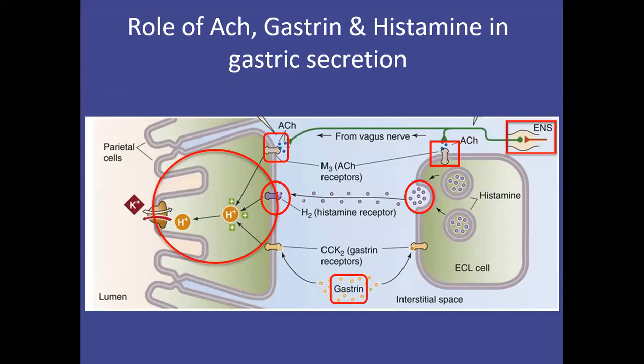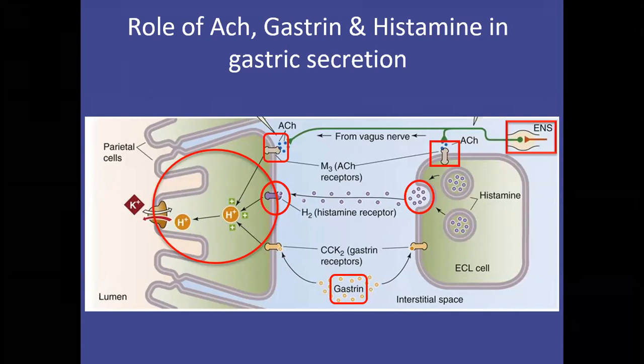So gastrin can directly activate the ECL cell. Also, it has direct receptors on the parietal cells. So it has both mechanisms: increased release of histamine, and directly it can also enhance the secretion of HCl from the parietal cells. Everything clear from this? Yes. Thank you, doctor.